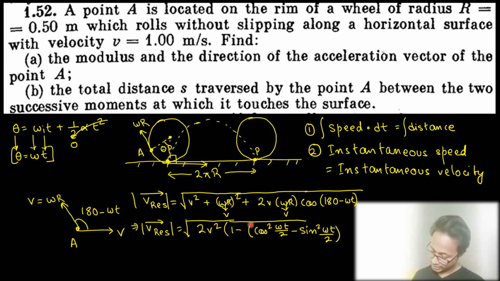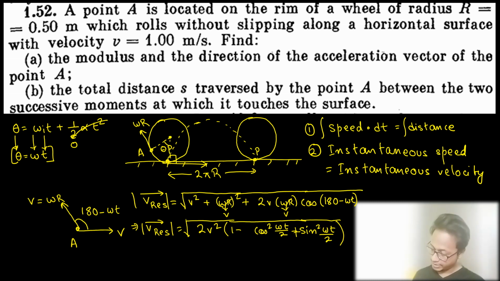Now this entire thing becomes 1 minus cos square omega t by 2. If I remove the bracket, minus cos square omega t by 2, and this minus into this minus will become plus, so plus sine square omega t by 2.